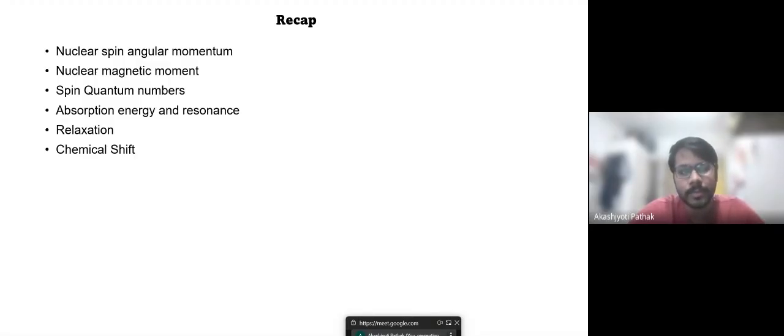The two relaxation mechanisms, spin lattice relaxation and spin-spin relaxation, were covered. The chemical shift concept is dealt with in much more detail in week two, but there are a few assignment questions related to it, so we will understand it very briefly in today's live session, starting with the first concept, the nuclear spin angular momentum.